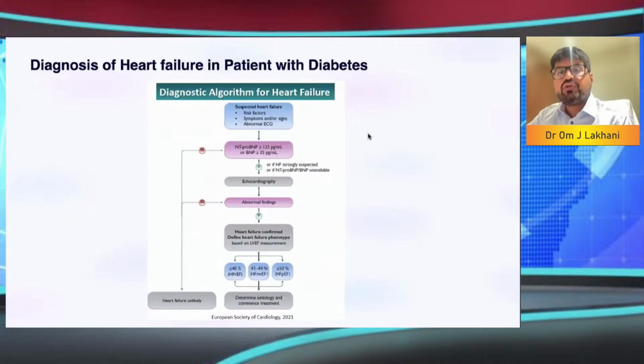So how do you diagnose a patient with heart failure in your OPD and outpatient clinic? As you know, a lot of people who are listening to this are well accustomed with the clinical signs and symptoms of heart failure, so I'll not go into details about them. But we all know when a patient walks into your clinic, the patient huffs and puffs.